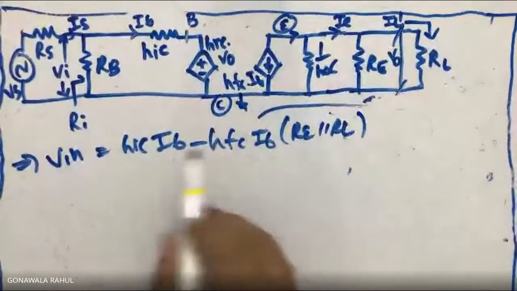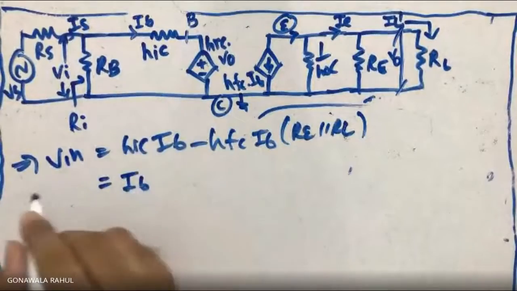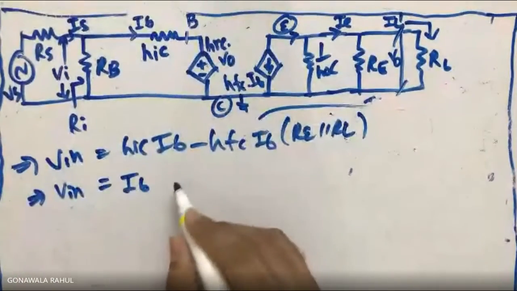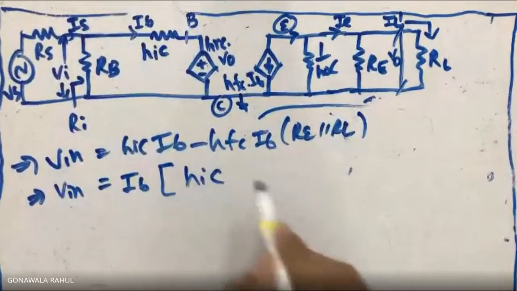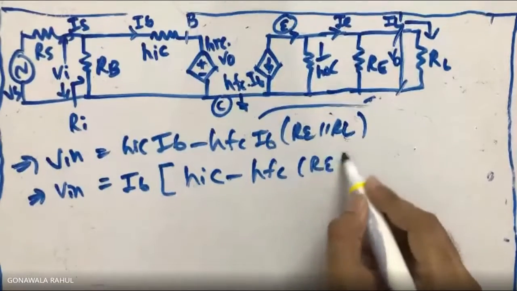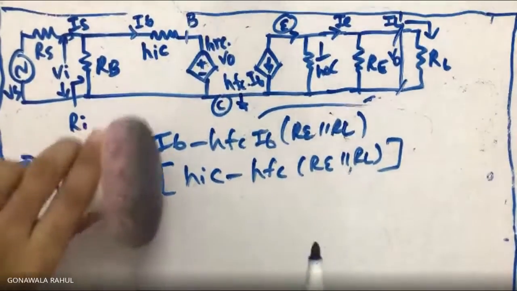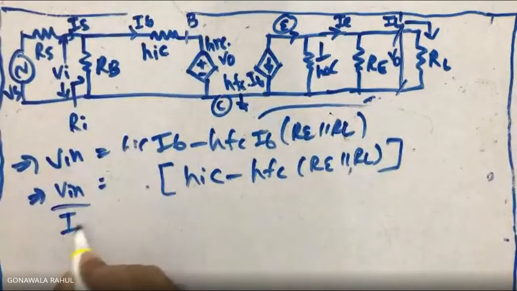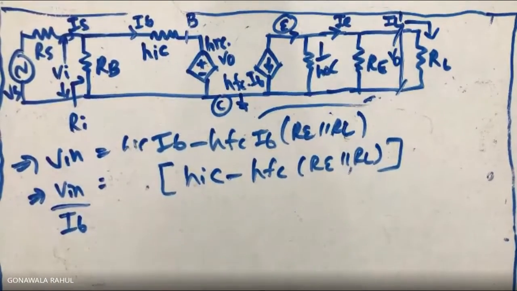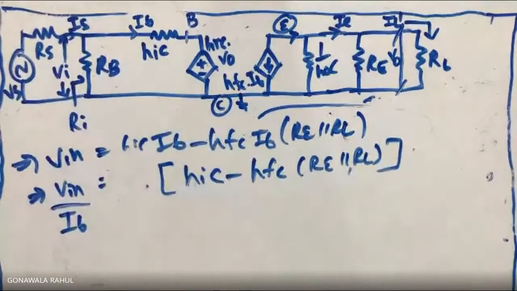Now both sides we have IB in both equations, so keep IB common. So HIC minus HFC RE parallel RL. So Vin by IB will be this. Vin is my input voltage, IB is my input current.